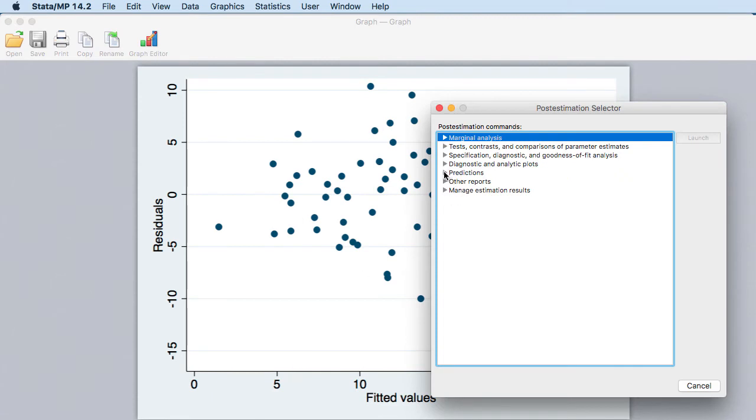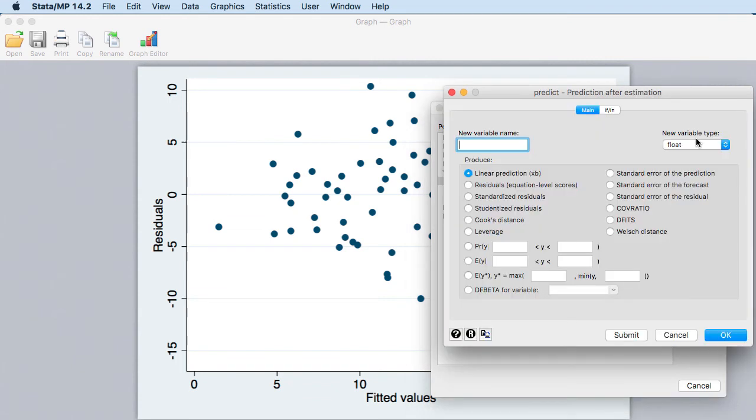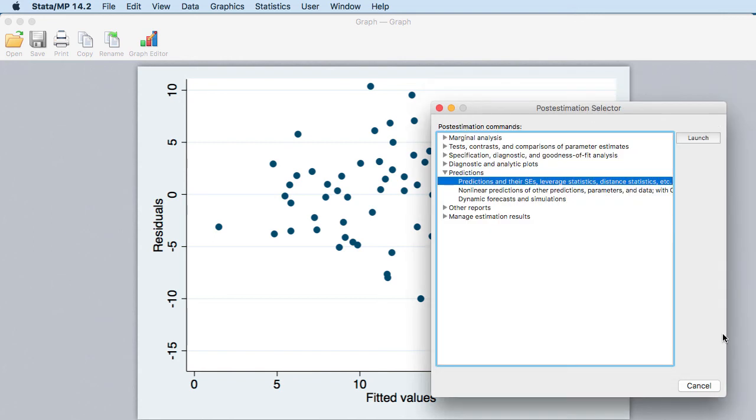And so I can go to predictions, and I can go to predictions and their standard errors, leverage statistics, distance statistics, etc. And so I can launch that, and I'm going to name my variable residual. And so I just want the linear predicted value. And so again, remember, the residuals are the difference between the predicted values and the actual values in the data set. And I can go OK.